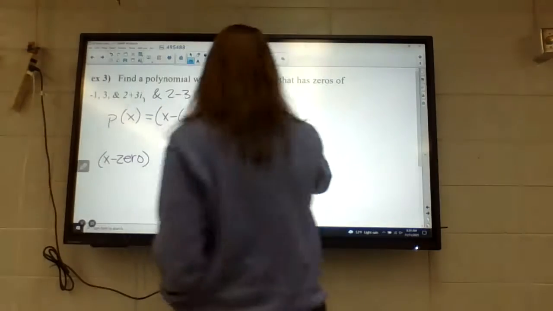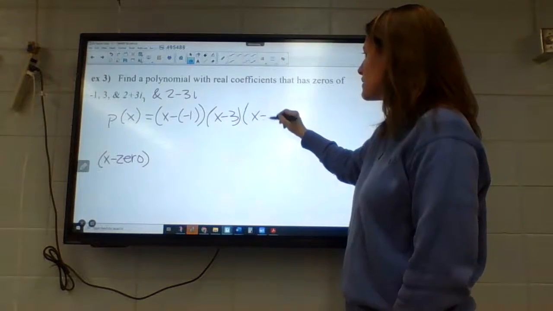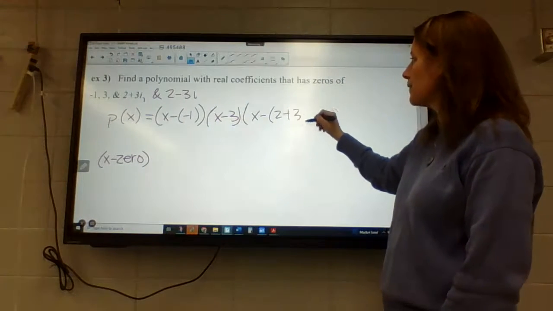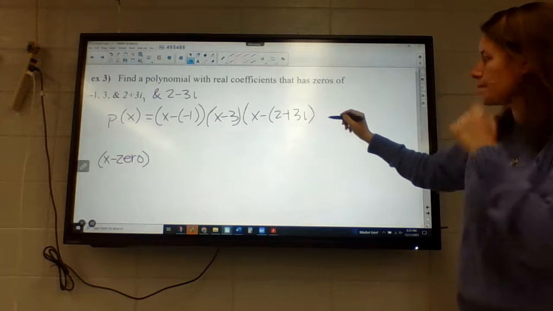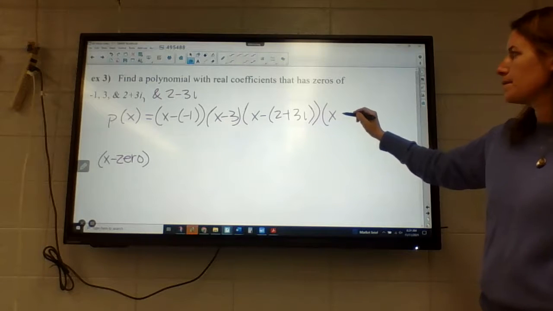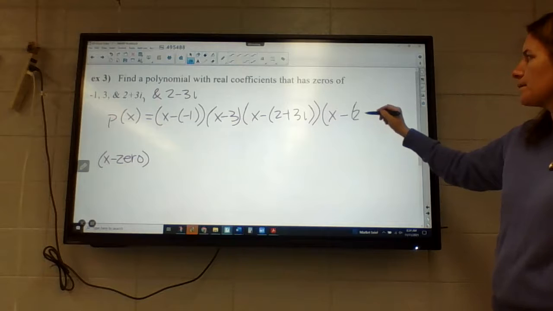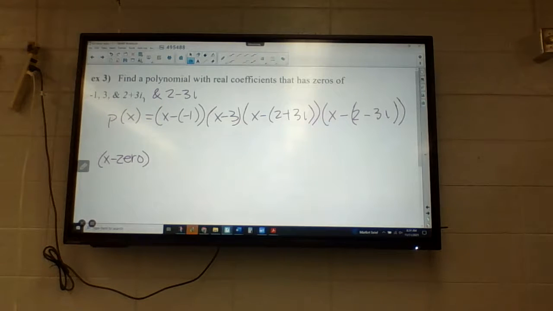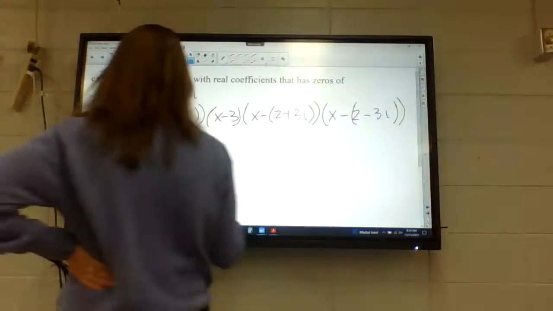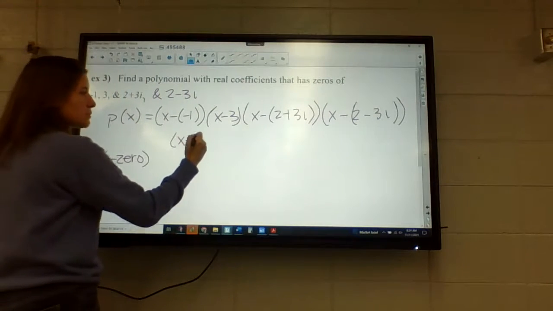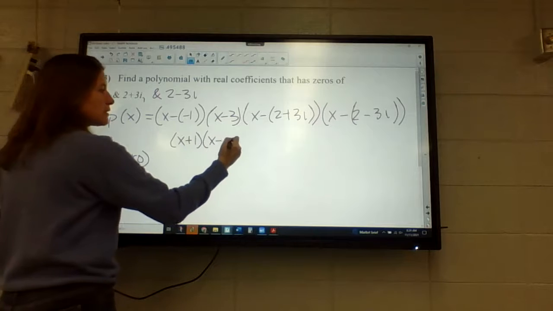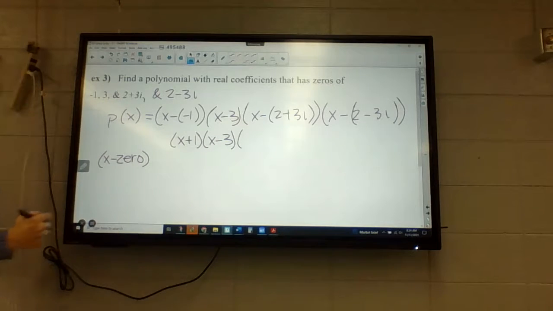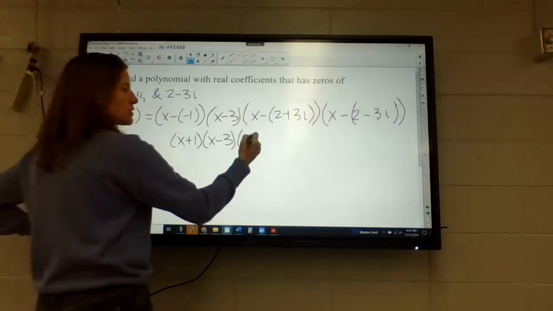And then the 2 that we don't really like doing here, x minus... So I'll rewrite this again, kind of without all the extra parentheses and stuff. So this is x plus 1, x minus 3, and then there we can distribute those negatives in.